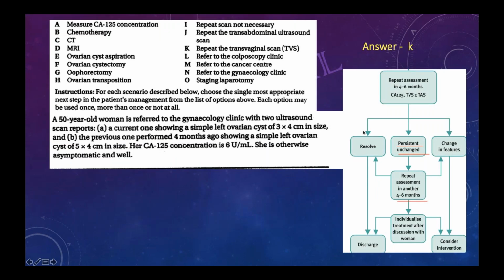If you follow this chart from the postmenopausal guideline, if a cyst was there and on the rescan it is persistent, you will repeat her scan after 4 to 6 weeks. So from the second part, the answer comes as K.